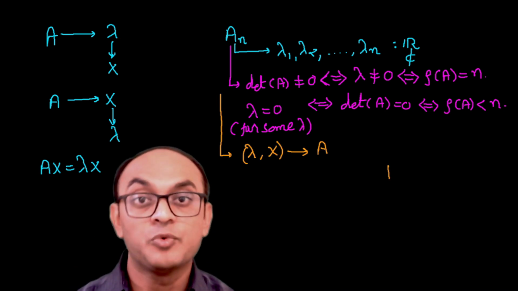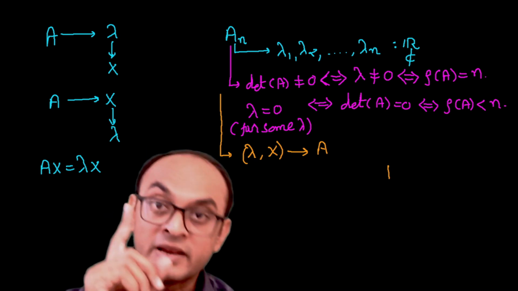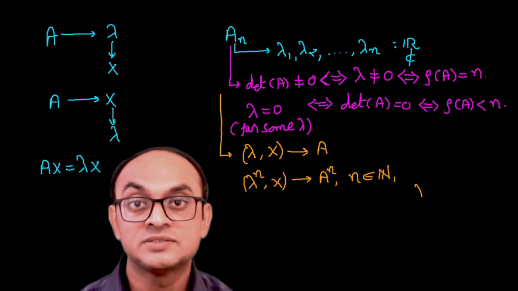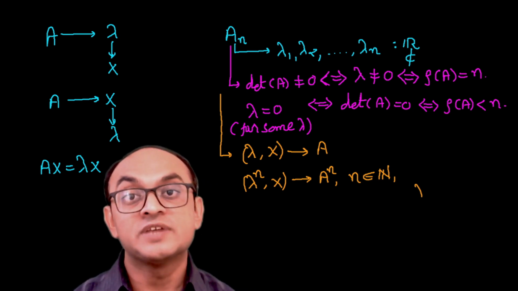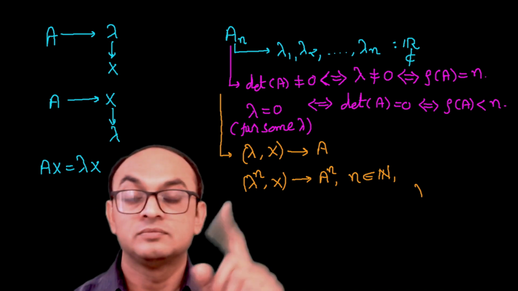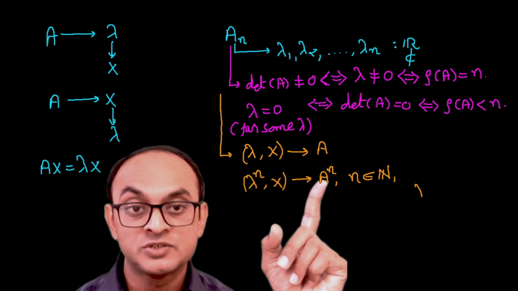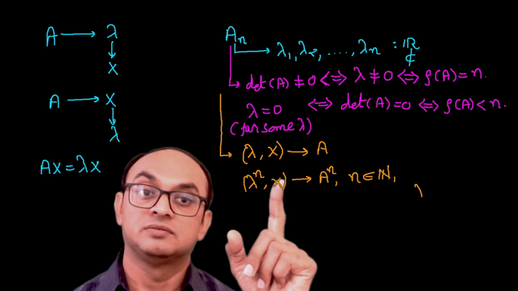Next, suppose I have matrix A, the eigenvalue lambda and the eigenvector X, then what can I say about the eigenvalues and eigenvectors of A raised to n? Lambda raised to n is the eigenvalue of A raised to n, and there is no change in the eigenvector.